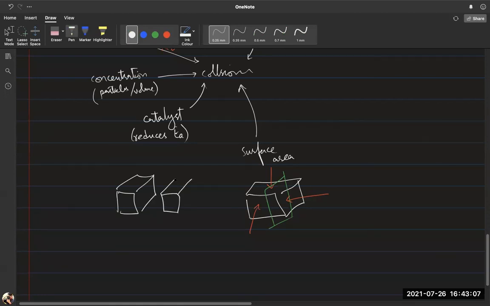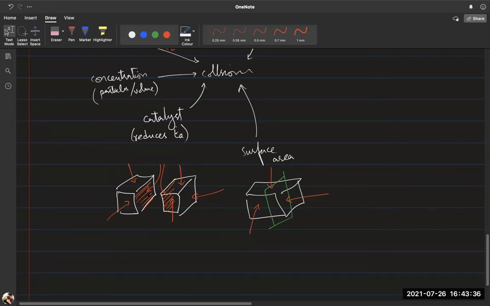So I have 2 smaller cubes now, and now air is able to collide here, here, which it was able to do before, or here, which was able to do before, or here. But now there is this new side on both of them that wasn't available to air before. So now air is able to collide here. So there is more area exposed to the surroundings where the reaction can occur.